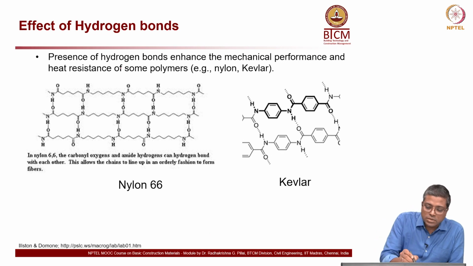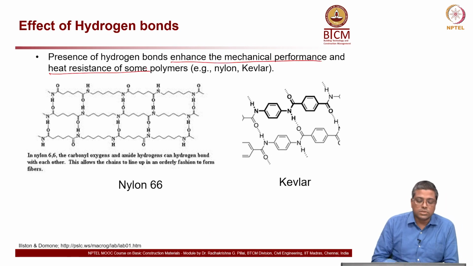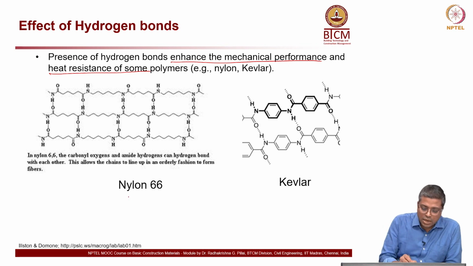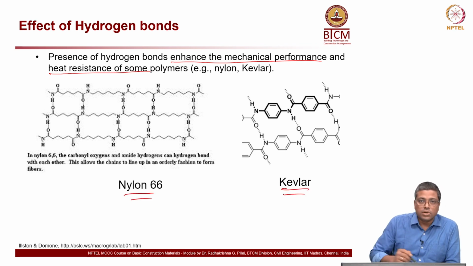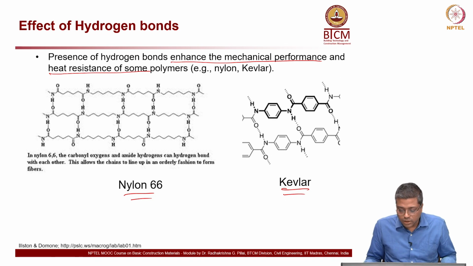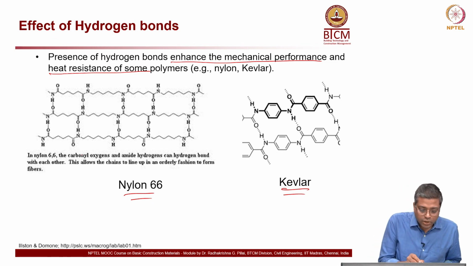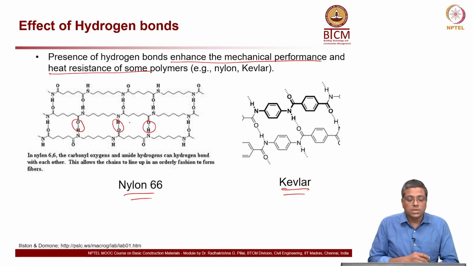Now, the presence of hydrogen bonds can also enhance the mechanical performance and heat resistance of some polymers. Here is an example of nylon and Kevlar. Kevlar is a bulletproof material, developed for that purpose. You can see where the hydrogen bonds are here, between oxygen and hydrogen.